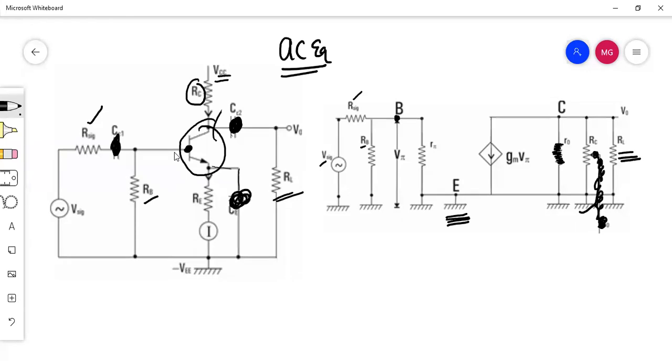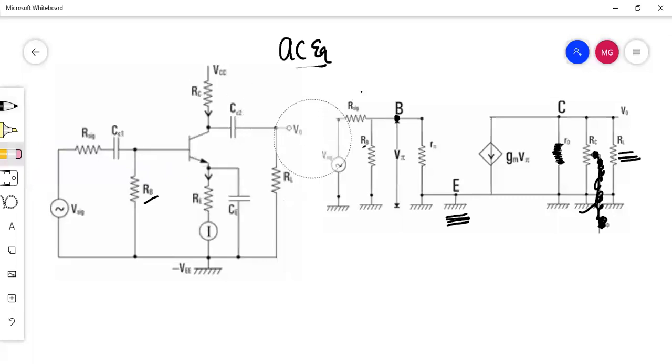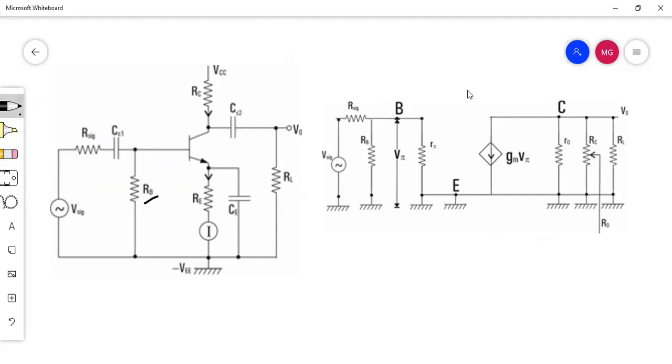Okay, I think this is clear to you: how to draw the AC equivalent circuit. Right, so in this diagram we don't consider this RO. ഇനി ഈ ഒരു സർക്യൂട്ടിൽ നിന്ന് ഒരു കാര്യം നിങ്ങൾ ഓർത്തിരിക്കണം.